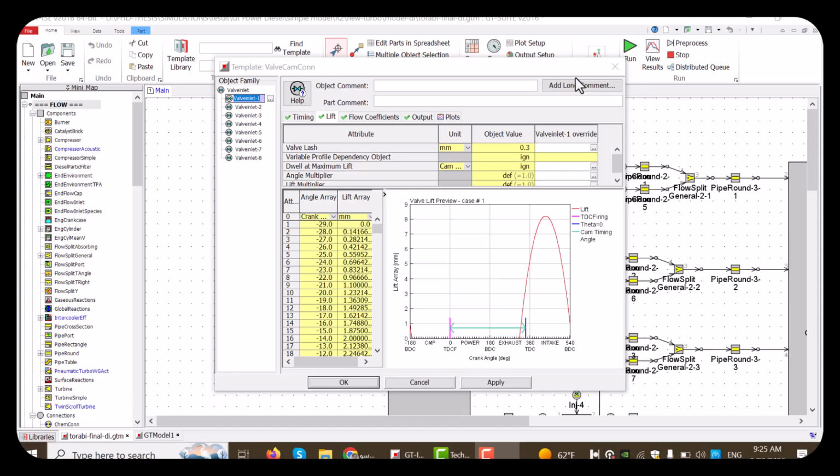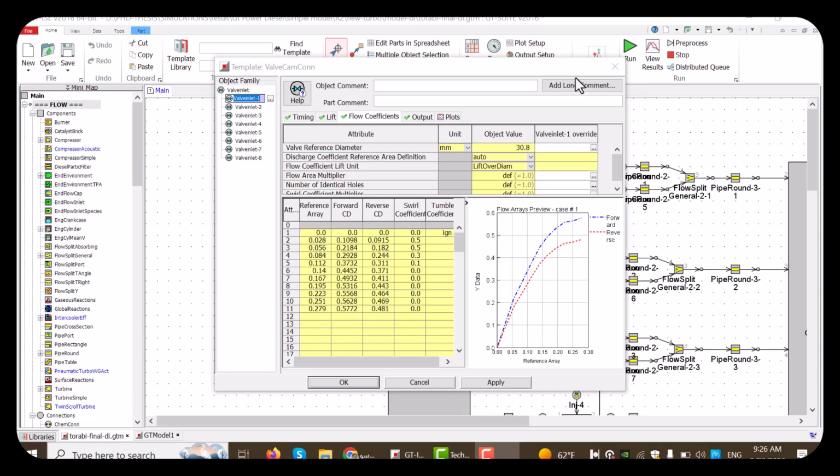At maximum lift, this parameter defines how long the valve remains at maximum lift. The angle multiplier scales the crank angle duration of the cam profile. If this is bigger than 1, it can lead to longer duration, and smaller than 1 can lead to shorter duration.